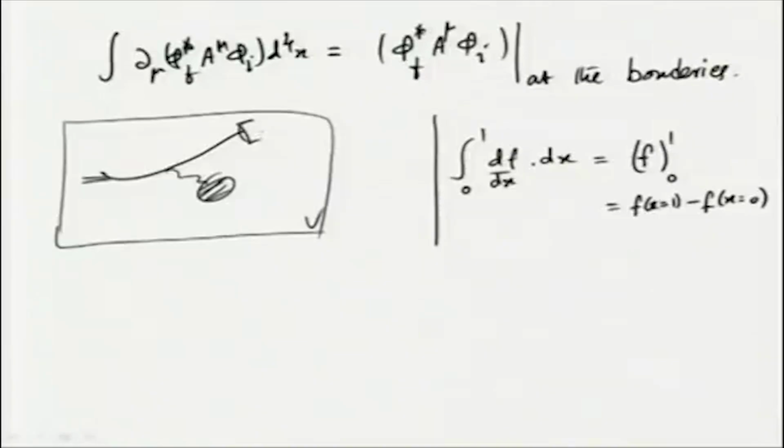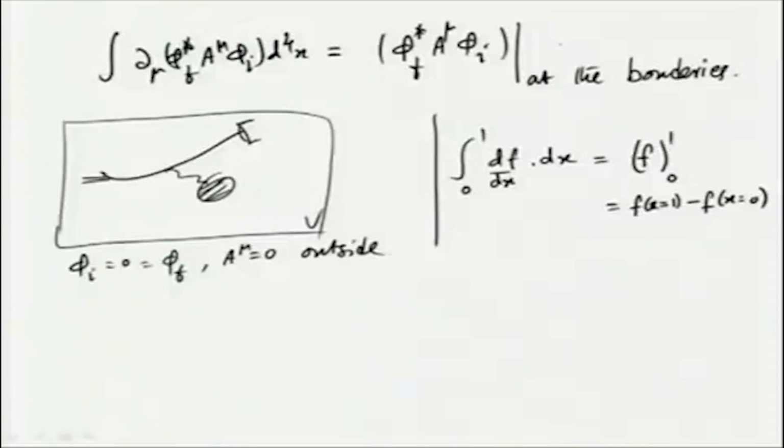In that picture, the values of φ_f, φ_i, A^μ will all vanish at the boundaries. φ_i* and φ_i are equal to 0 at the boundaries, so are φ_f and A^μ, all equal to 0 outside, and on the boundary also.